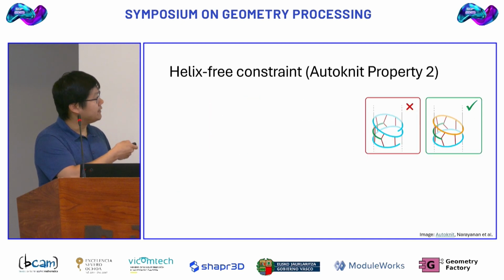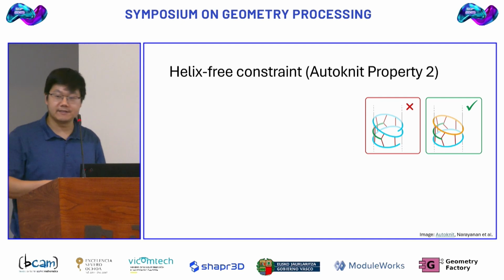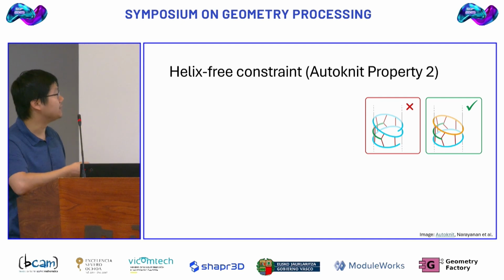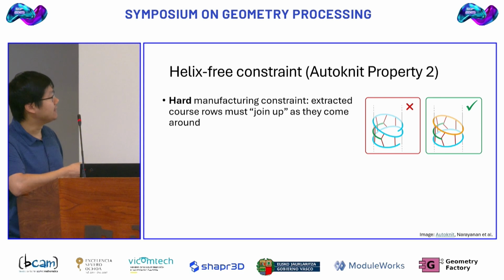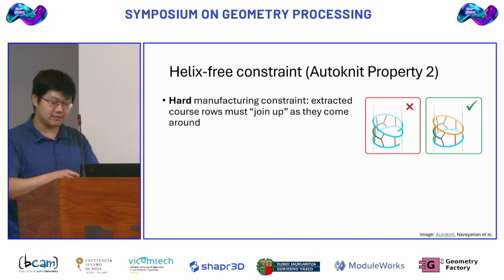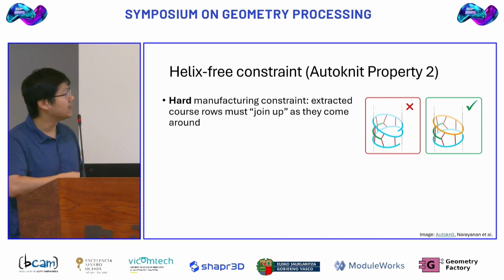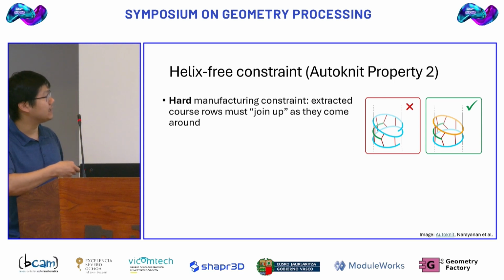The other point I wanted to highlight for background is this helix-free constraint in particular. As Ben noted, this is the real hard manufacturing constraint, relevant to both machine knitting and hand knitting. You need to have a path over the stitches, an ordering on the stitches to be produced.